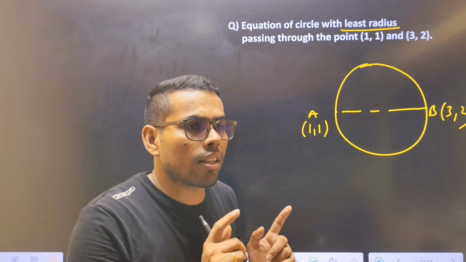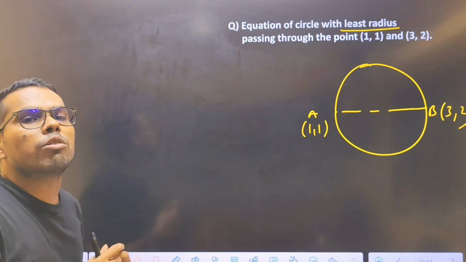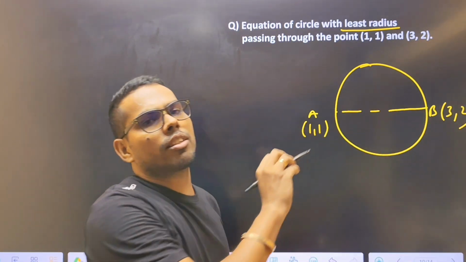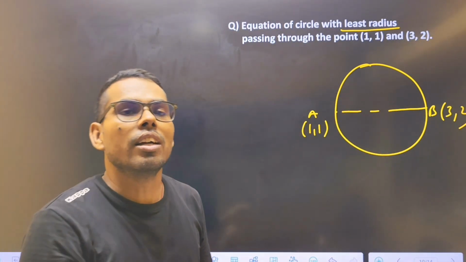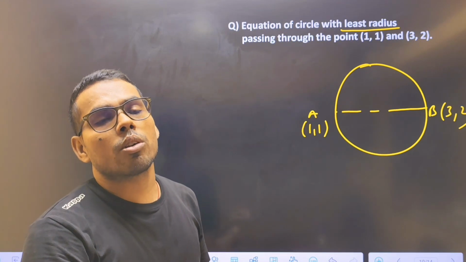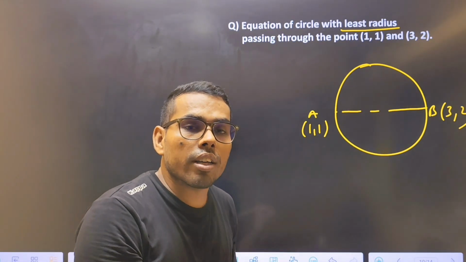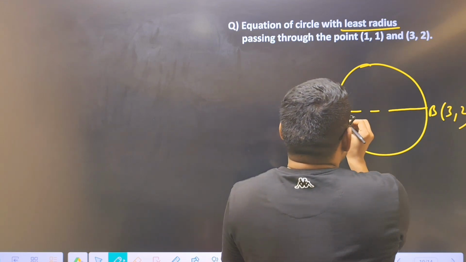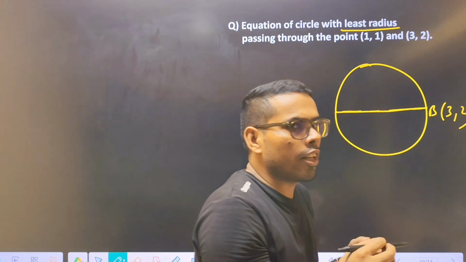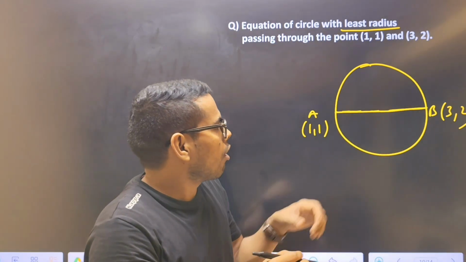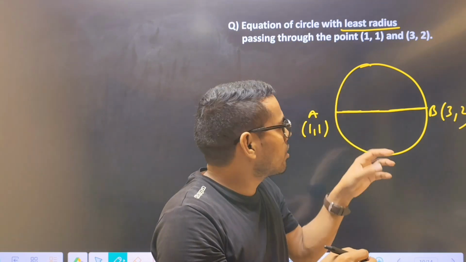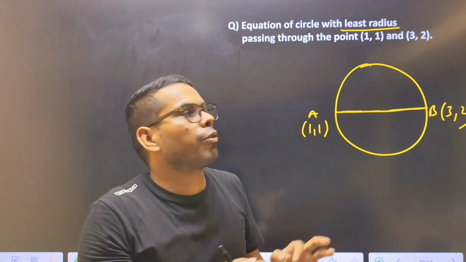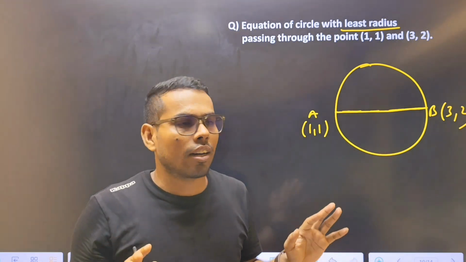The radius will be least when AB is the diameter of that circle, because the diameter is the longest chord of any circle. And if AB is the diameter of this circle, then AB will be a simple chord for another circle.